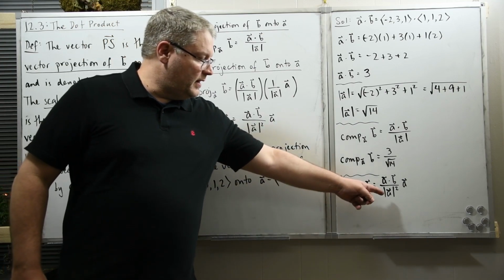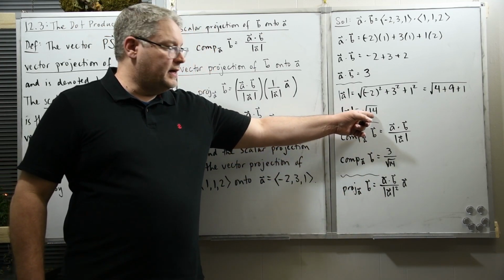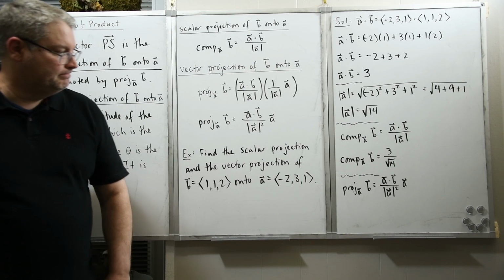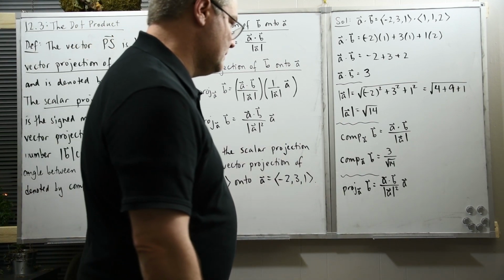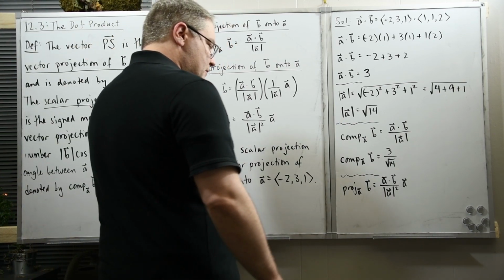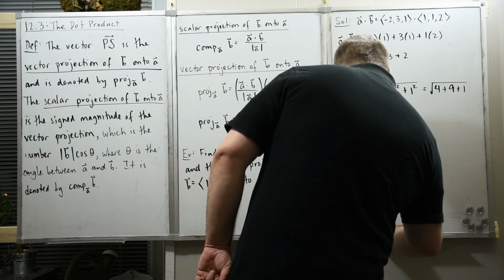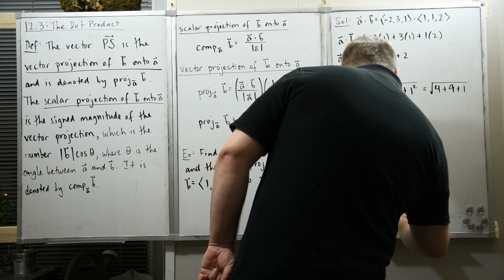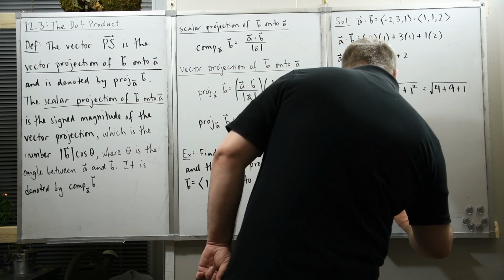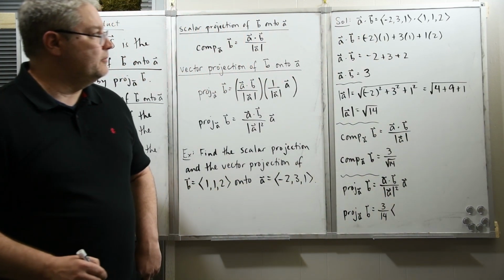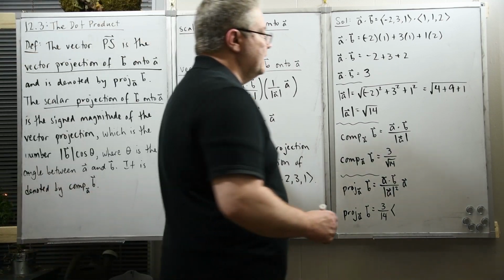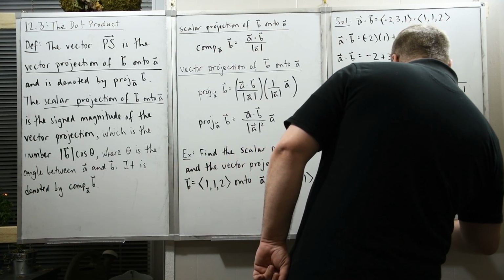But we also know what the square of the magnitude of a is, because it's the square of the square root of 14. So the projection of b onto a is 3/14 times the vector a, and the vector a has components -2, 3, and 1.